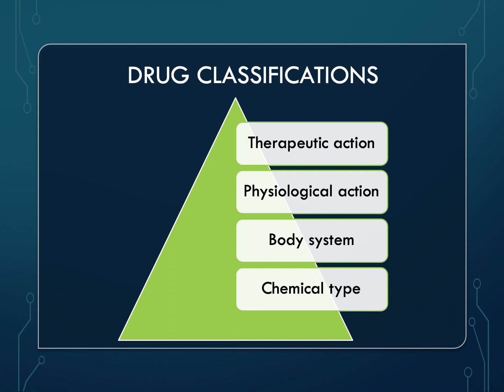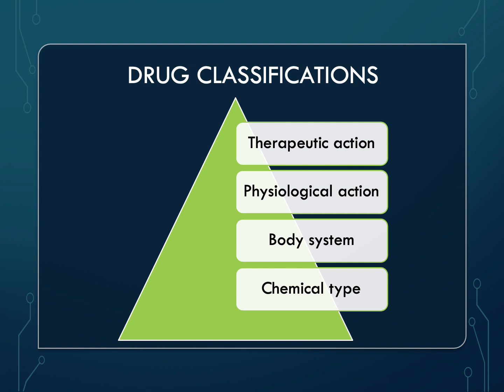If you take a look at table 1.2, you'll see several categories of drugs listed under each classification type. For example, analgesic, do you see it there? It falls under the classification therapeutic action. An analgesic is used to relieve pain. That's its therapeutic action.